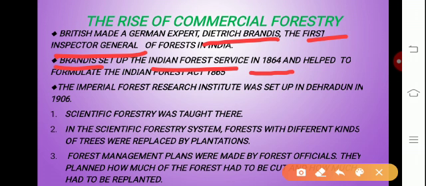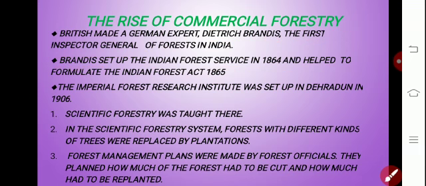So in two points, you can note down: the first Inspector General of Forests in India was Dietrich Brandis, and he was a German. He established the Indian Forest Service in 1864 and helped to formulate the Indian Forest Act of 1865.